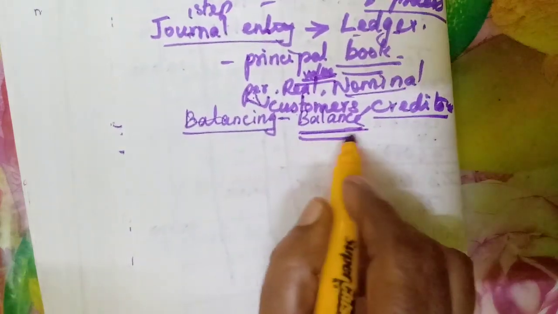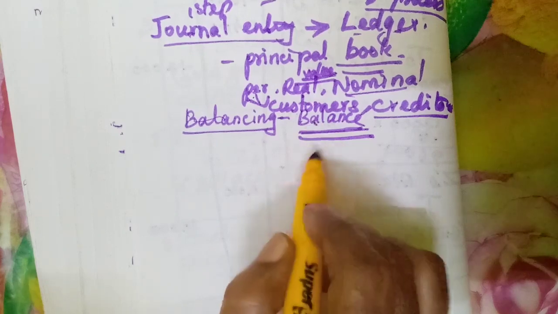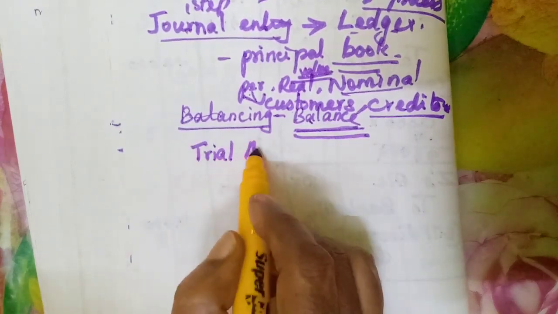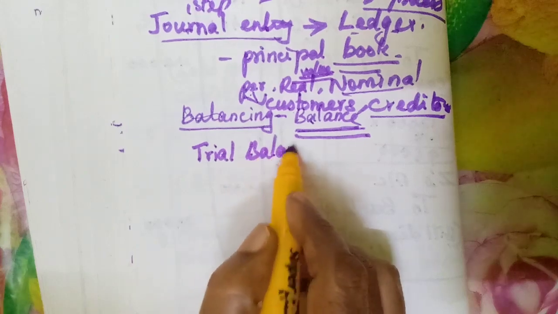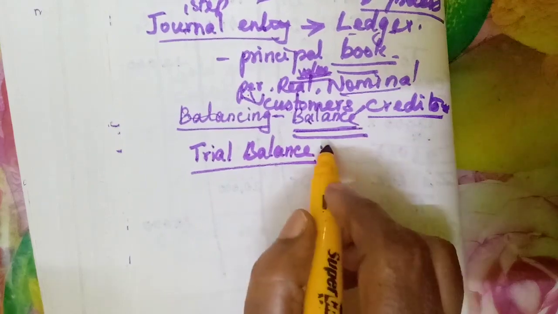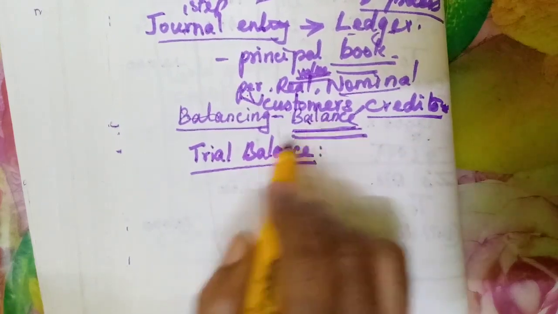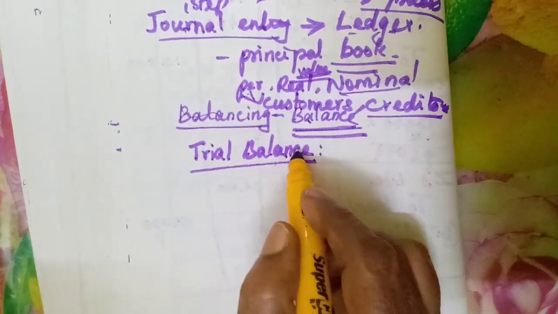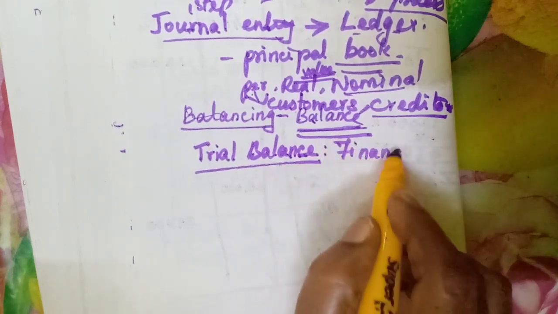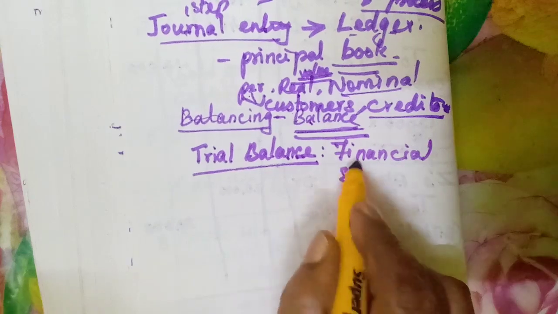Then from the balances of accounts, we will prepare the trial balance. In the trial balance, all the balances of accounts will be entered. This is the base for the preparation of financial statements.